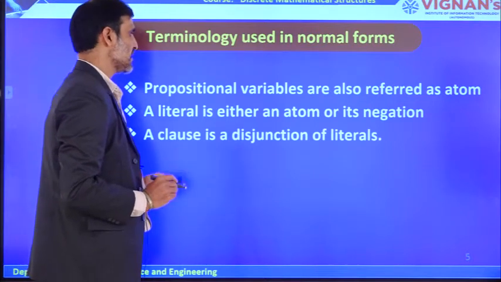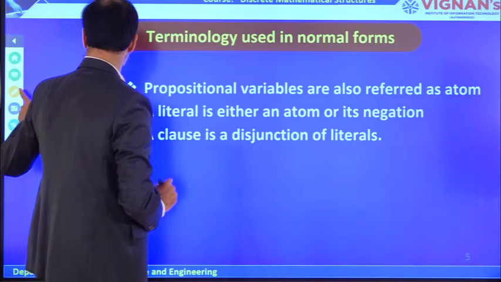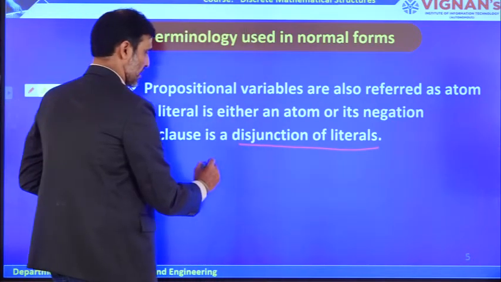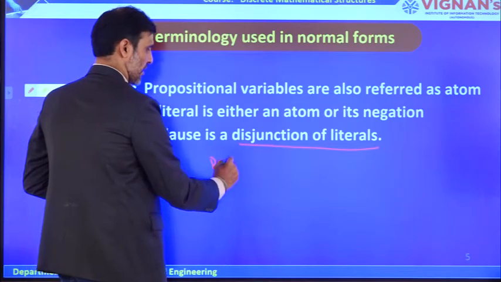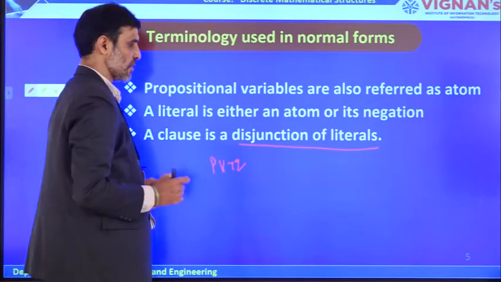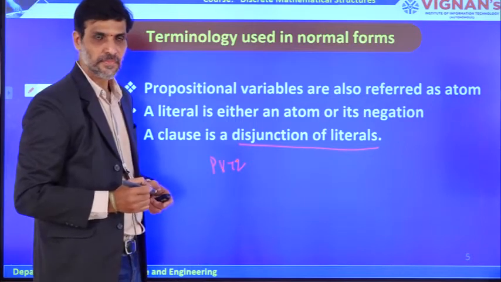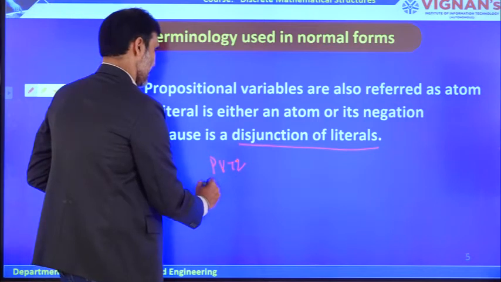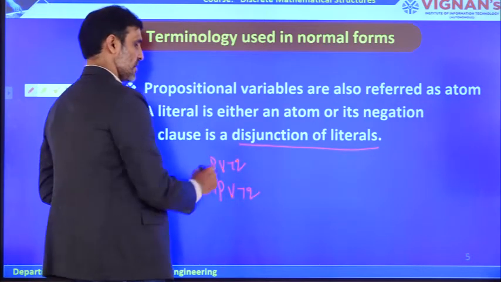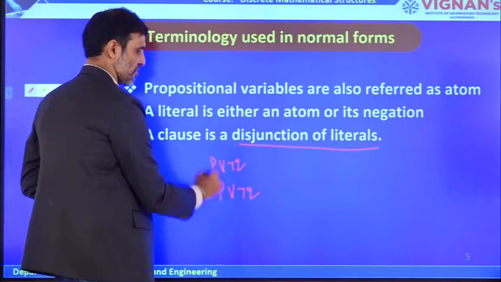A clause is a disjunction of literals. What does that mean? P or negation Q. P is a literal, negation Q is also a literal. Or negation P or negation Q. These are called a disjunction of literals.